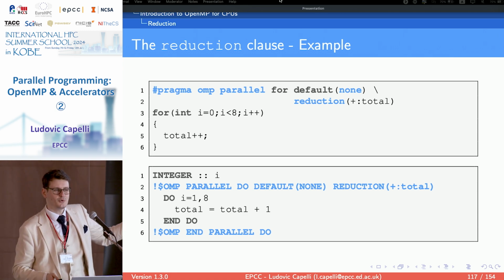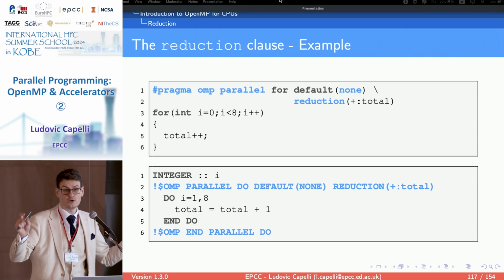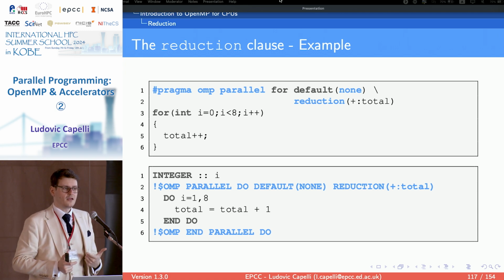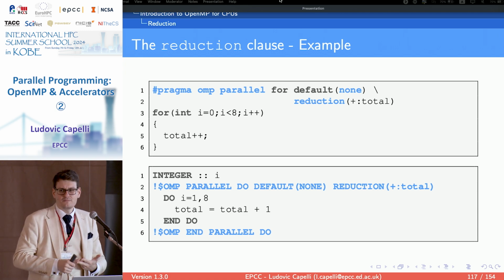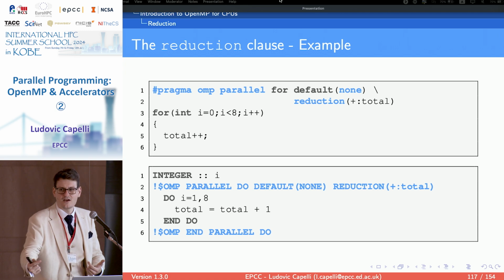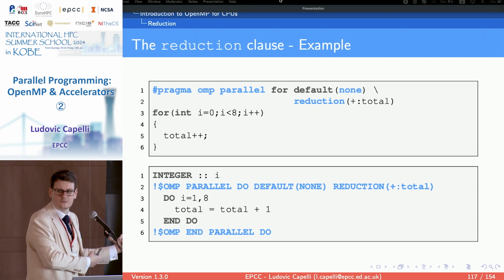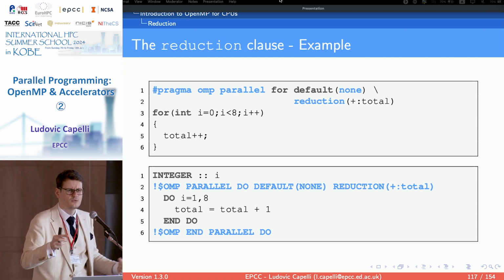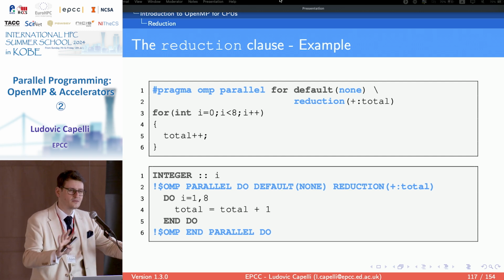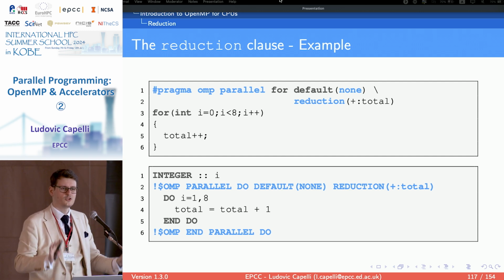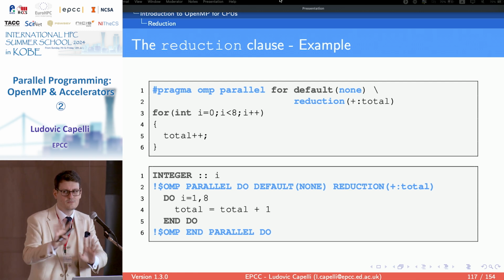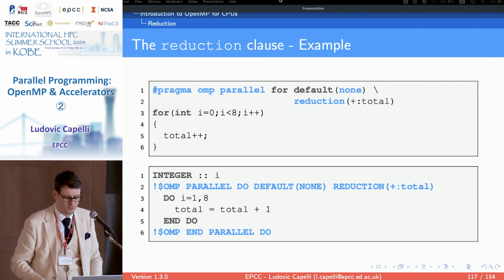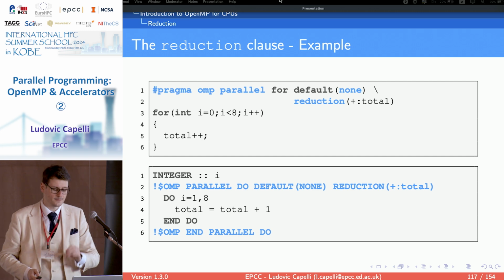Because what I've just showed you is not shared, because they all have a copy. But it's not private or firstprivate, because the values of the copies at the end are merged back to the original variable, which is not private or firstprivate. Normally, you're not supposed to interact with it. So it's a weird hybrid. So that's why just reduction, and OpenMP knows what to do with it. Don't worry about it.